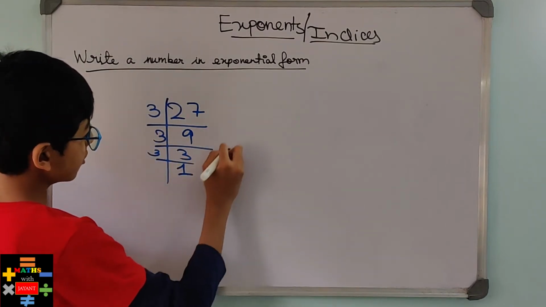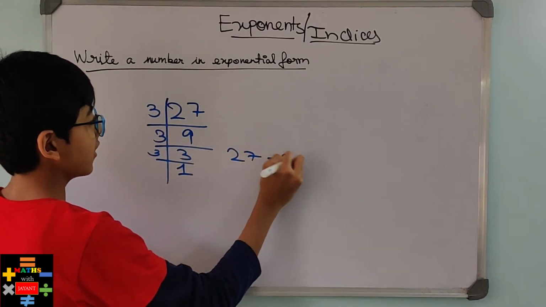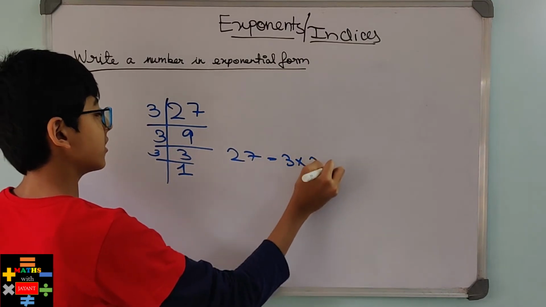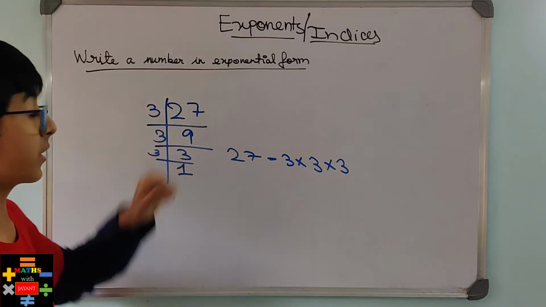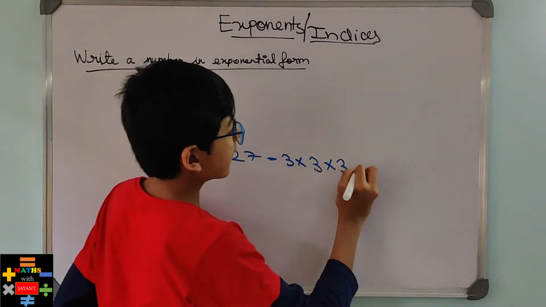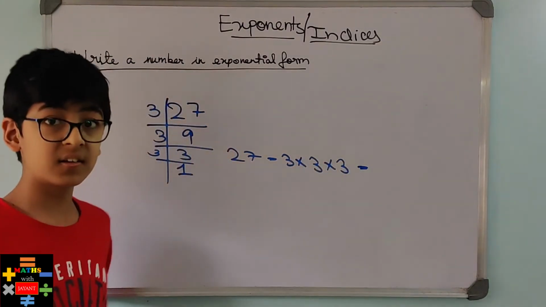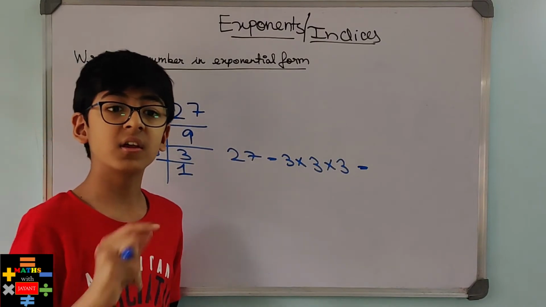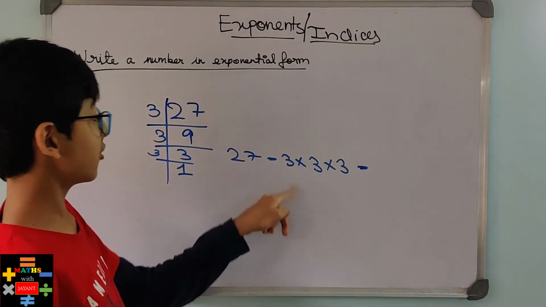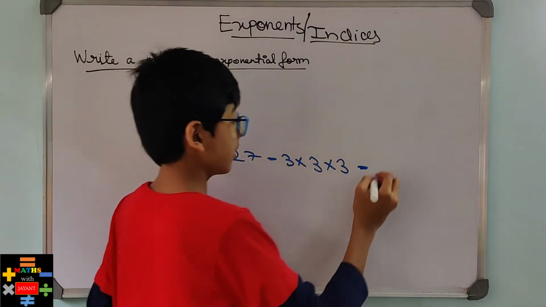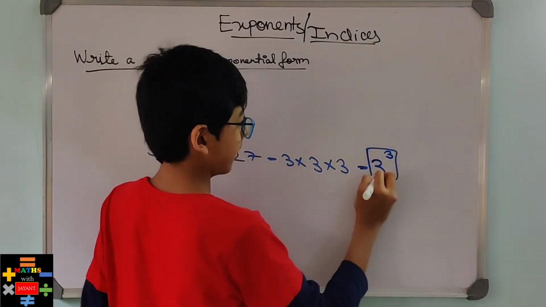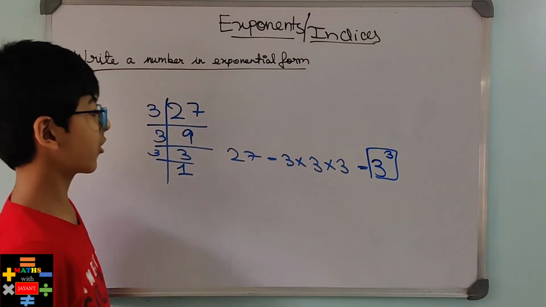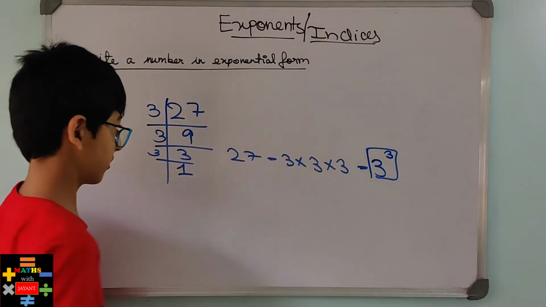So we get 27 as 3 into 3 into 3, because this into this will give you 27. Now 3 into 3 into 3. Over here the number 3 is being multiplied 3 times. That is why we will write 3 cubed. So over here we have to use exponents, and like this we can shorten it.